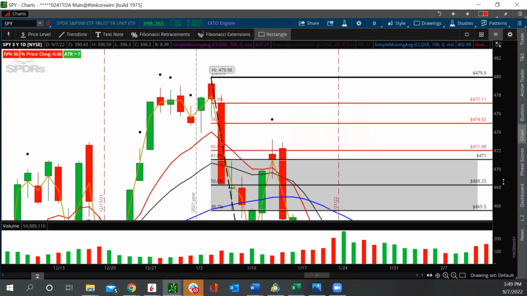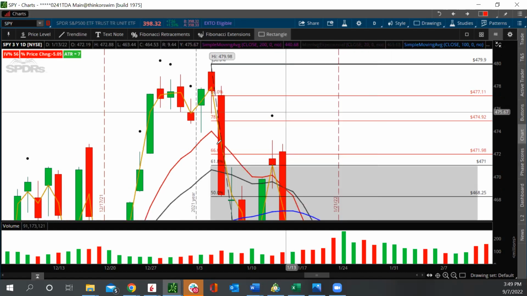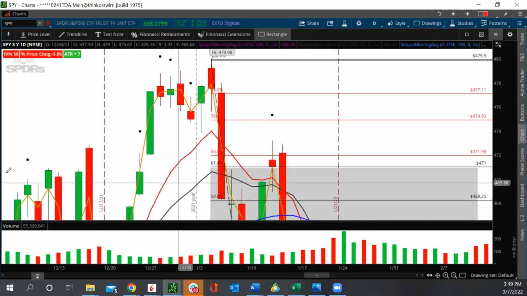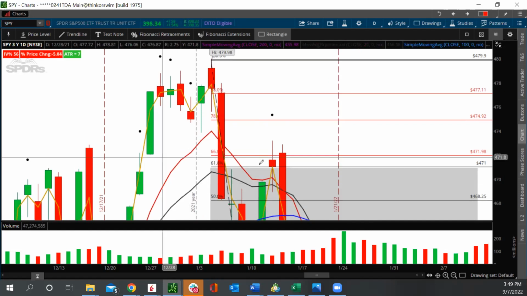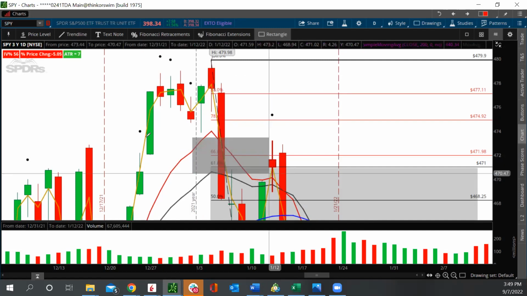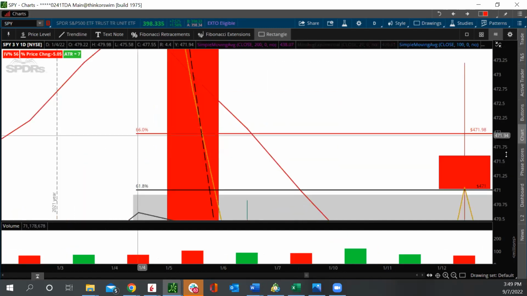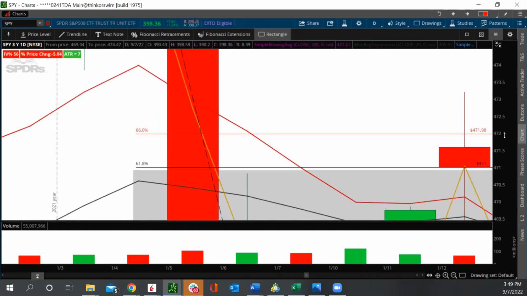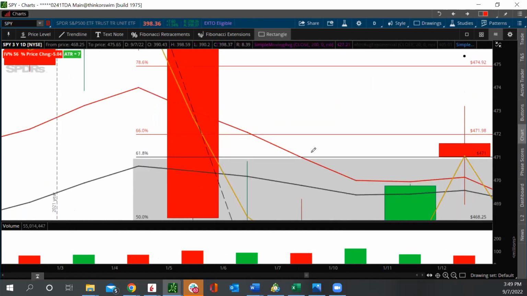We are given those because those are the default numbers that all of these platforms have. What I have been told is that the institutions actually will use that 66 level. And again, if I zoom in here, you can see here's the 66 right here. And then also this 78, 78.6 right there.